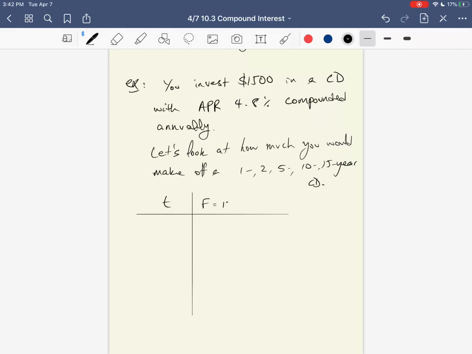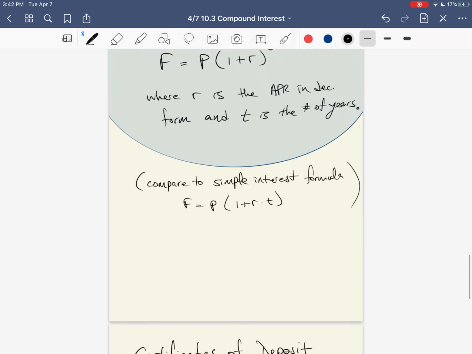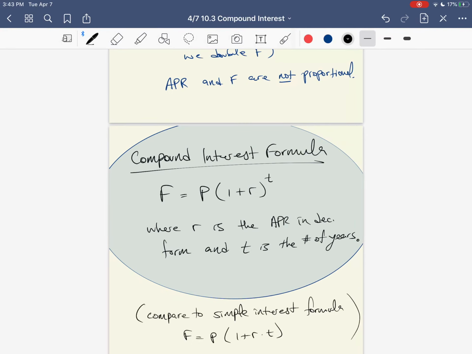Then F is going to be 1,500 times 1.048 raised to the T. 1.048 is precisely 1 plus R, when R is 0.048.